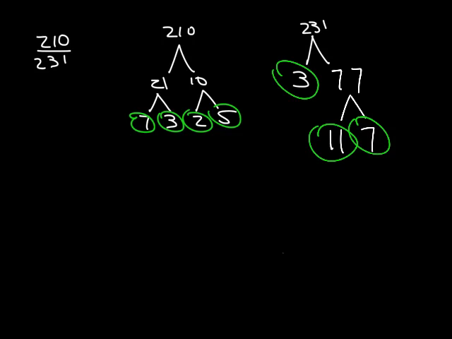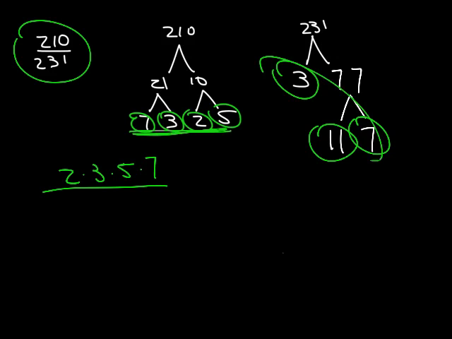Now these are prime. All right, so we had 210 over 231, but I'm going to write 210 using my product of primes. So I'm going to write it as 2 times 3 times 5 times 7 over my product of primes here, 3 times 7 times 11. So now I have a fraction, 210 over 231, written as a product of primes. And then I can cancel.